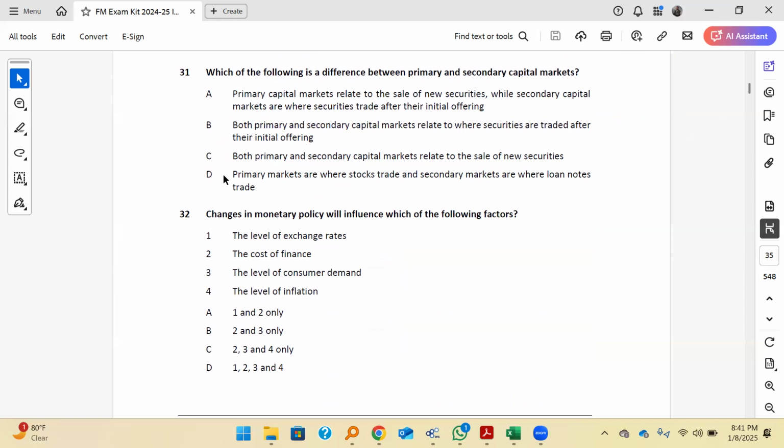Primary market is where the company goes to get money for the first time. So where the company lists their securities for the first time to be bought. Like when MTN was trying to go public, or even Airtel, they went to the stock exchange and put their shares up for selling. That is the primary market.